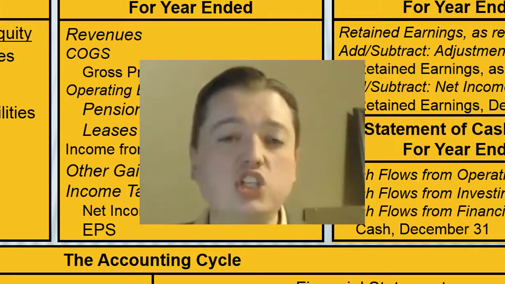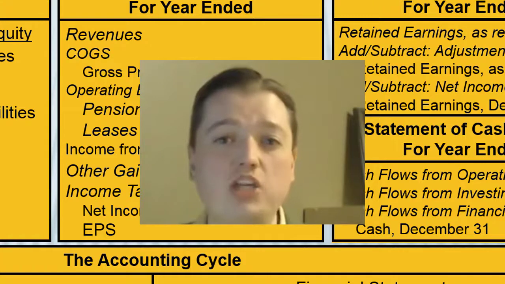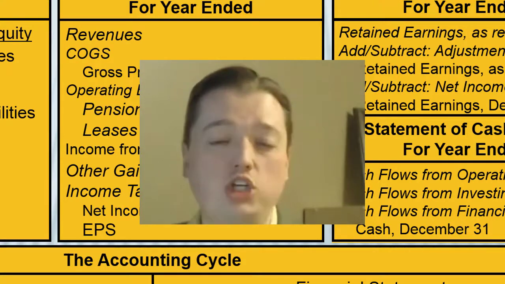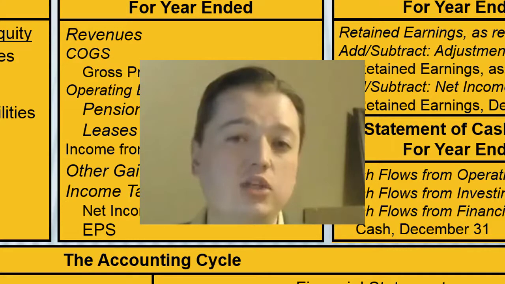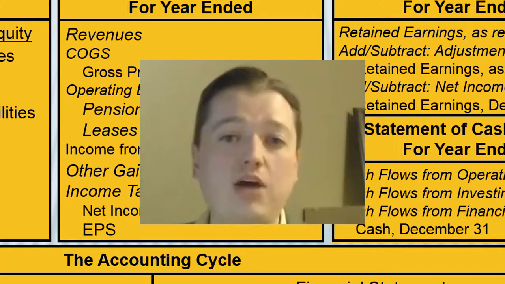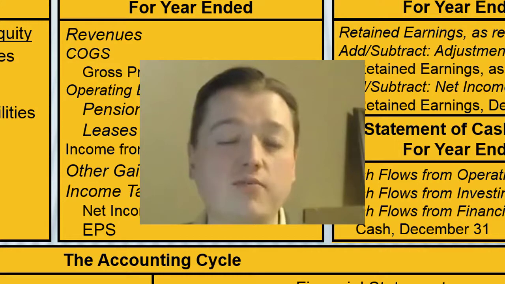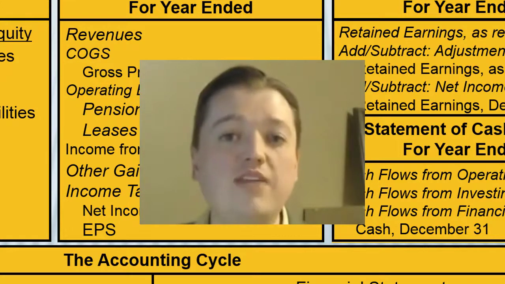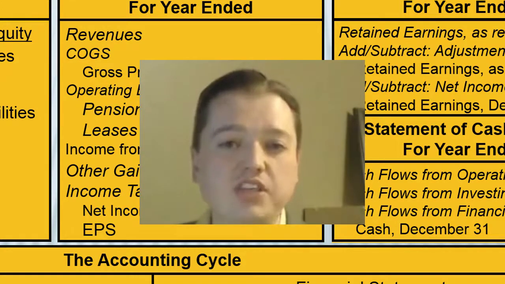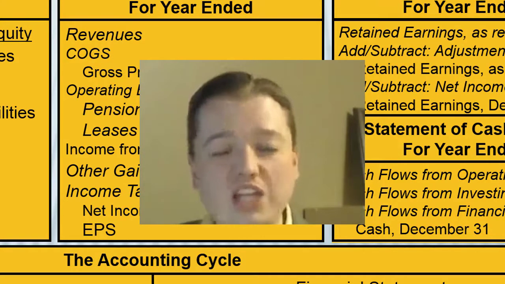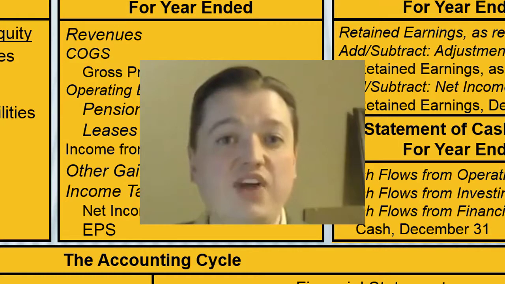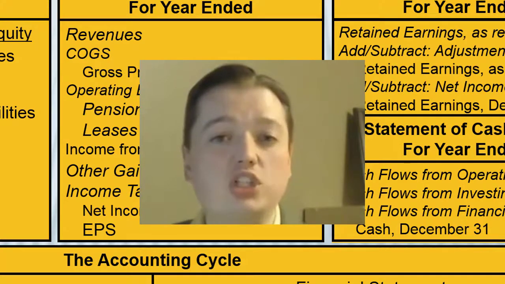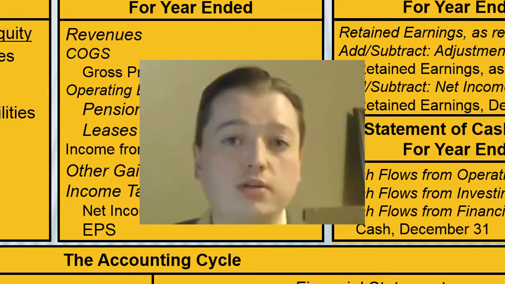Everything else hinges on us having good, solid information that can be used by managers, that can be used by the tax accountants, that can be used by auditors as they do the checks. It all comes down to good, basic financial information. And then we use that information to start conveying specific things to specific people. And that's where accounting starts to break off. And our focus has been on providing these financial statements to our managers, our investors, and other stakeholders.